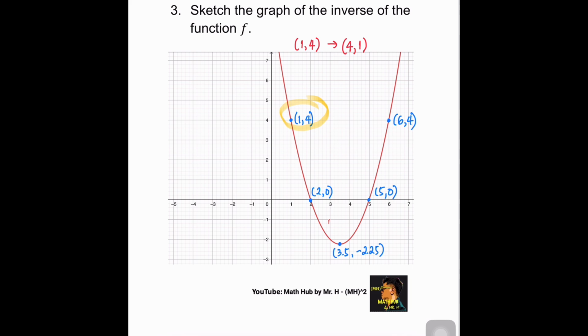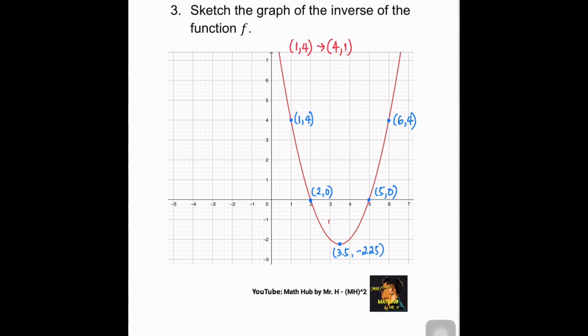All right, so we will be doing the same process for all these 5 points that we identified earlier. So let's do that. The first one is 1 comma 4, so it will be at 4 comma 1. Okay, let me use a different color.